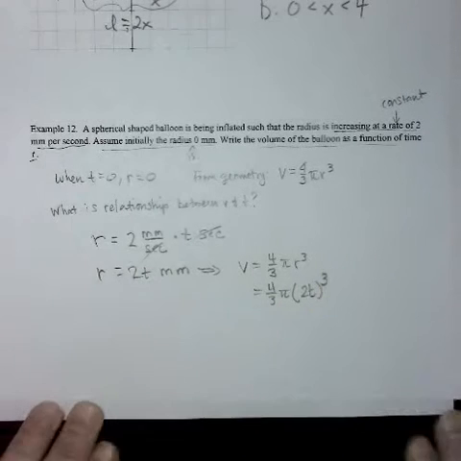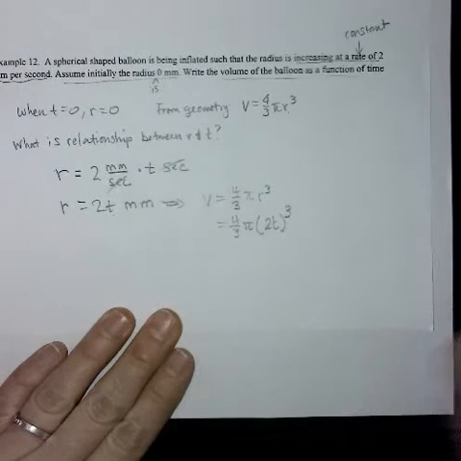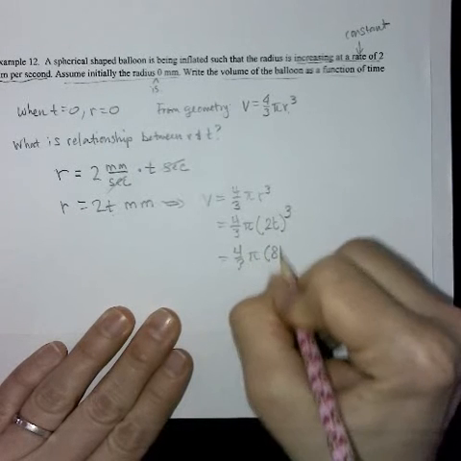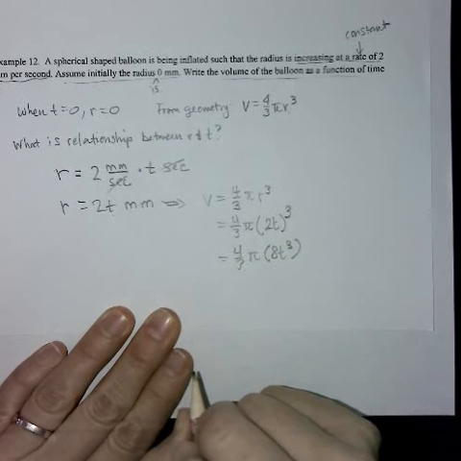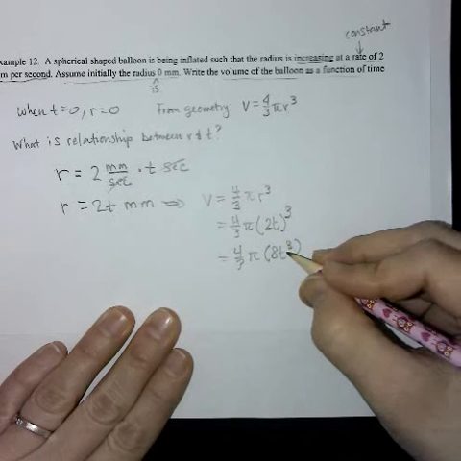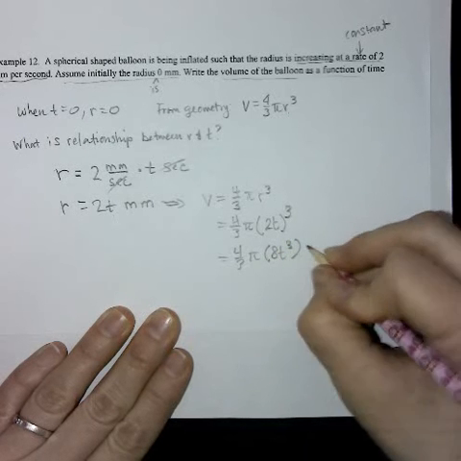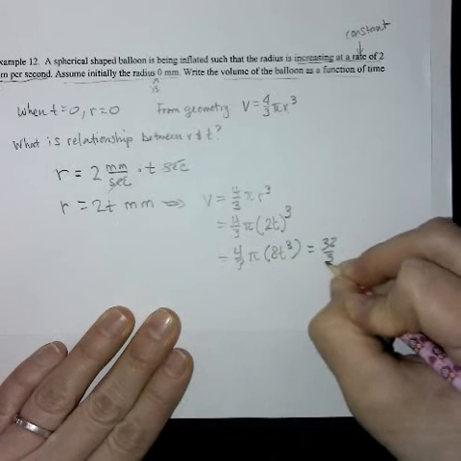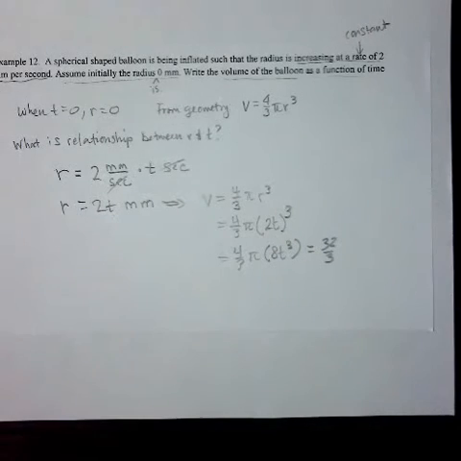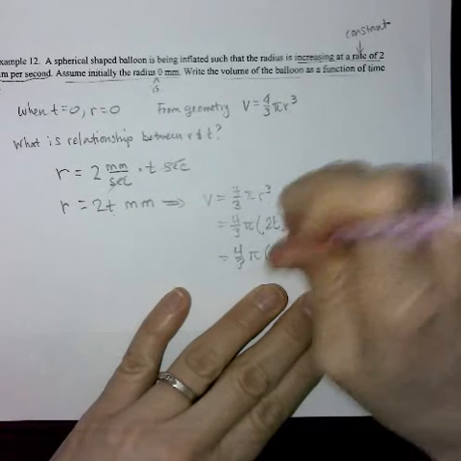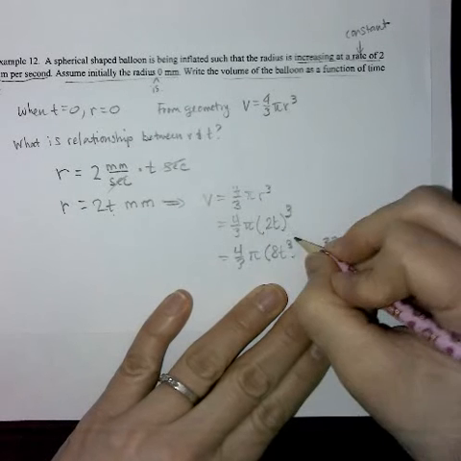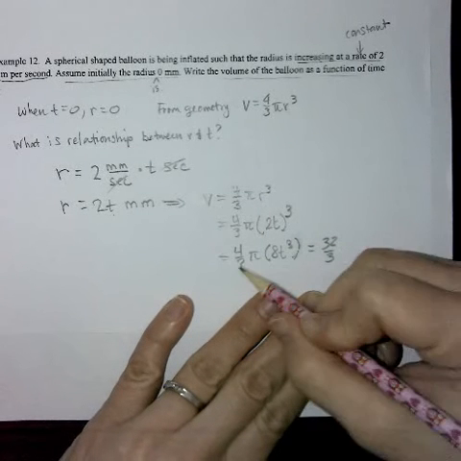Which means we're going to have to cube it. We get 4/3 pi times 8t cubed. Oh, what did I do here? I'm sorry, the parentheses are in the right spot. 4/3 times 8 is 32 thirds.